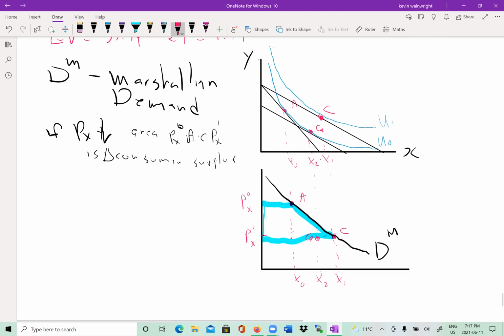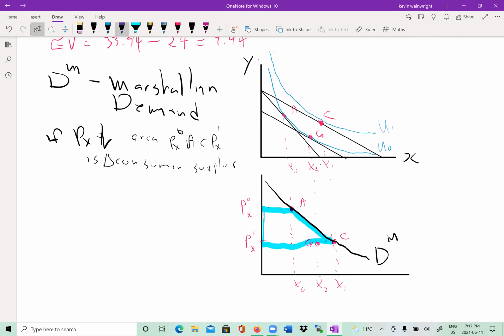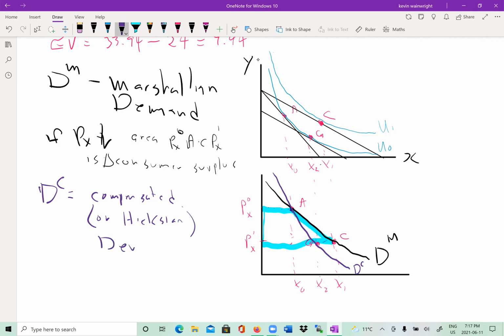And if I go from point A down to point G, I get DC, and DC equals the compensated or Hicksian demand.